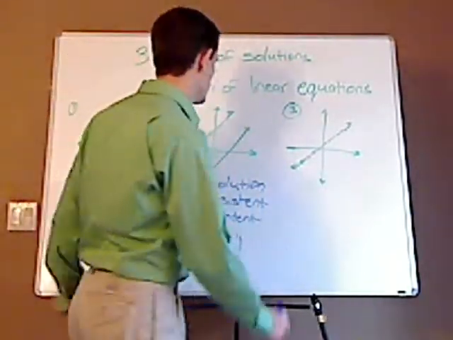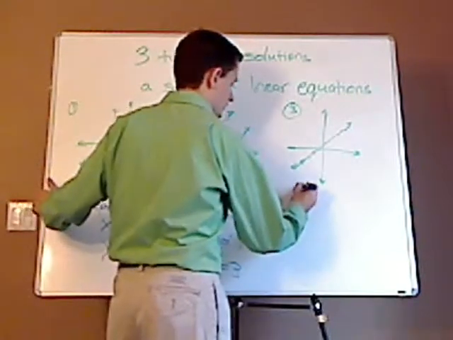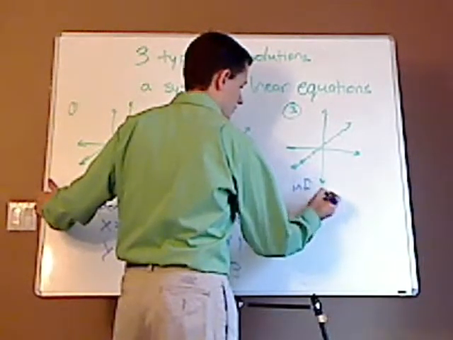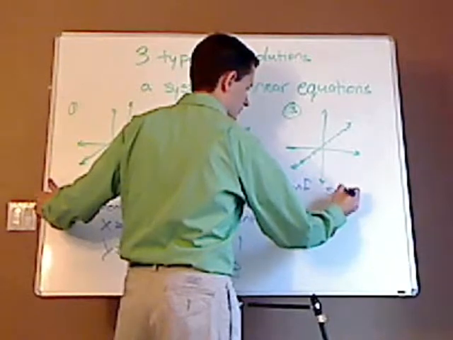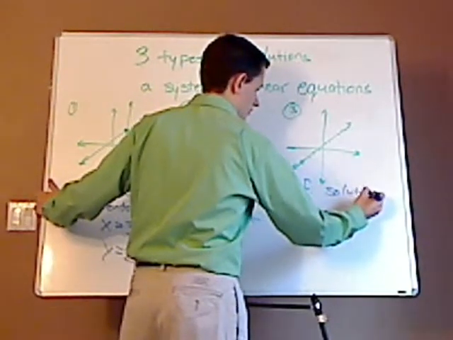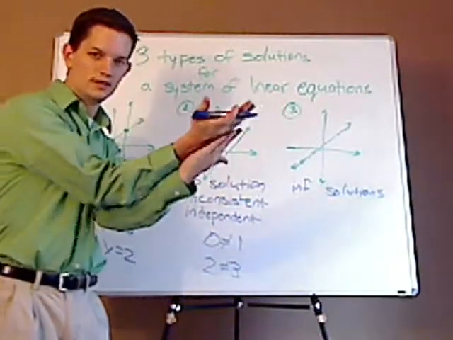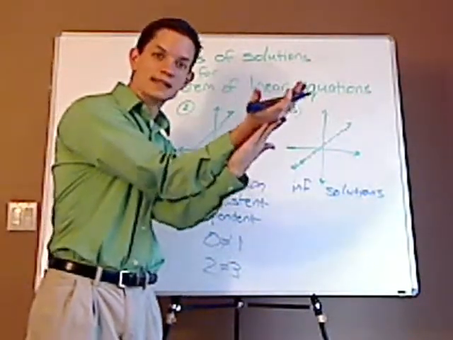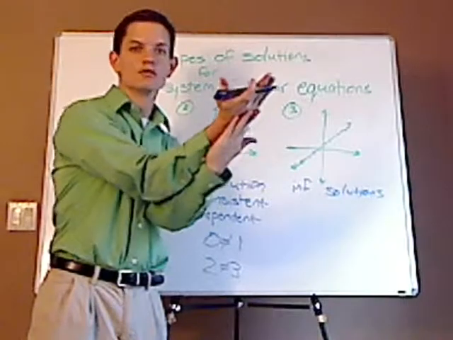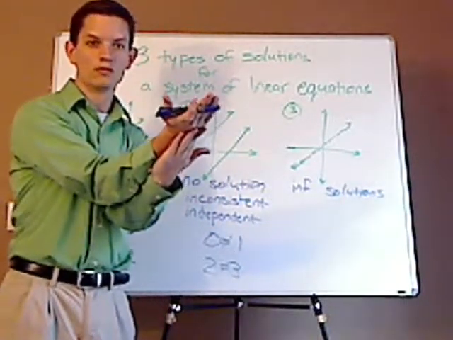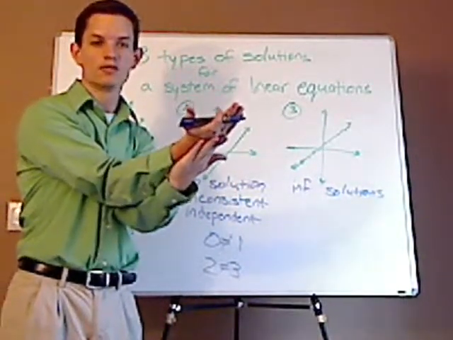Number 3, you're going to have infinitely, I'm going to abbreviate here, infinitely many solutions. And the reason for that is if you imagine a line on top of another line, and you're looking for the overlap. You're looking for, okay, where do those two meet?